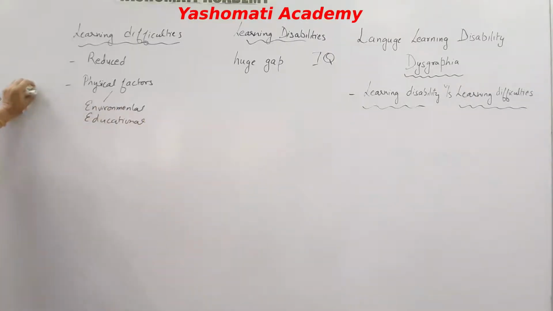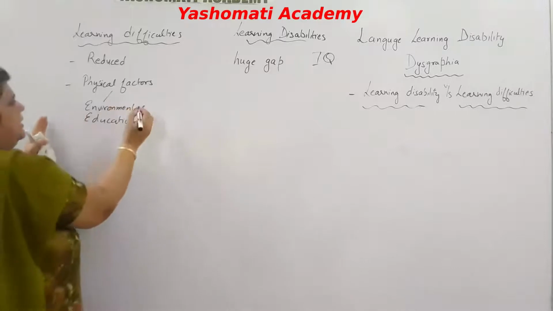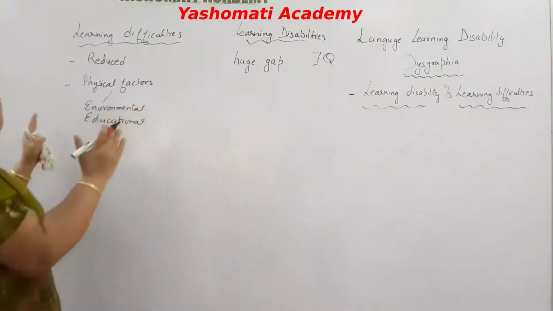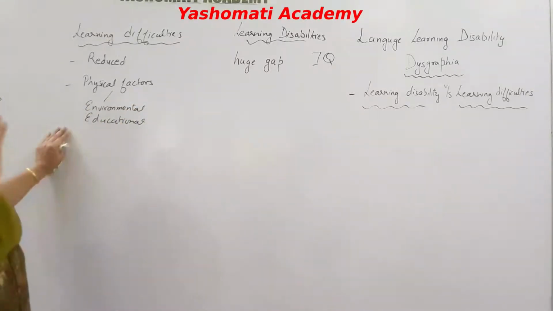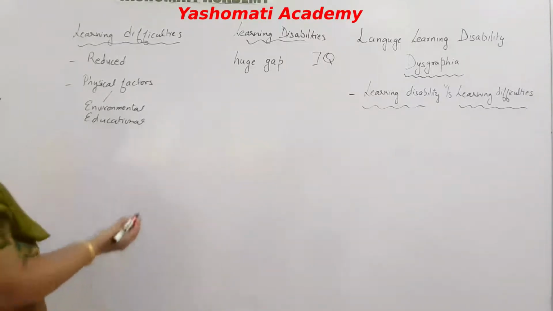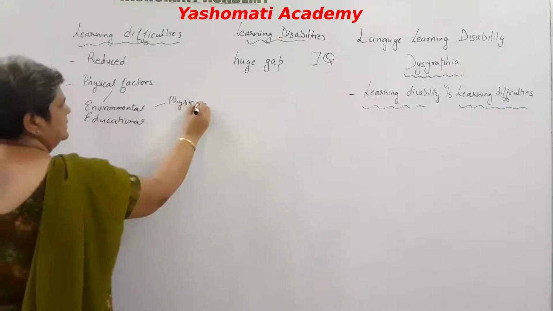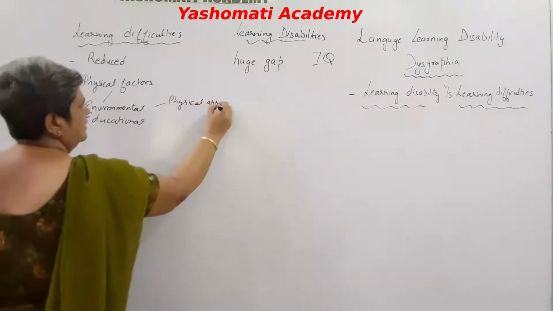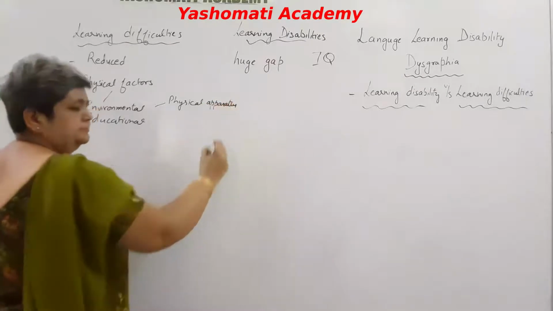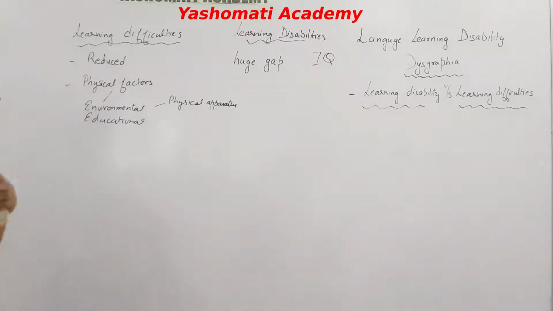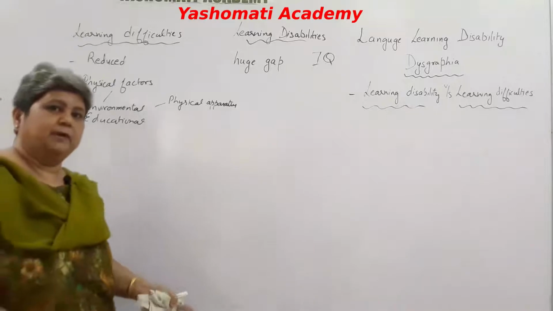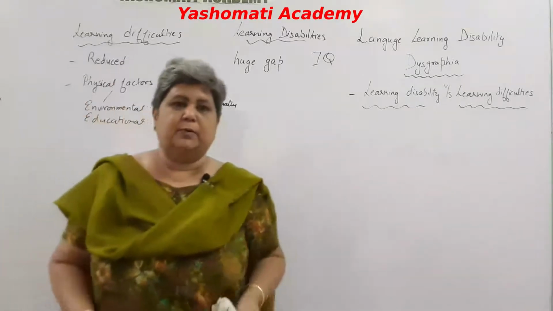Like maybe the environment in which the learner learns is not conducive for learning. Maybe the kind of physical apparatus that he is using for writing may not be proper. The sitting posture may not be proper. The furniture which he is using is not proper.